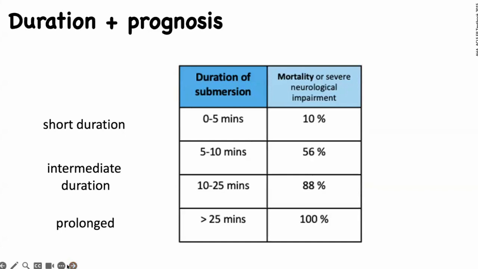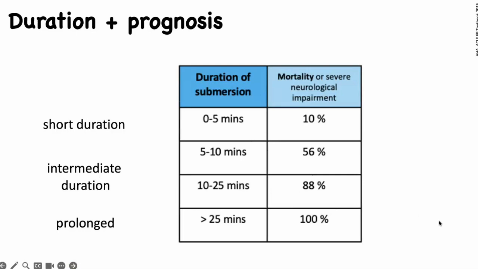An intermediate duration, somewhere between 5 to 10 minutes, is related to a 56% mortality or severe neurological impairment. If it's 10 to 25 minutes, this is obviously still a longer period, but the more recent literature is just looking at a short duration, prolonged drowning, and an intermediate duration. So the longer the time frame, the higher the likelihood of death.